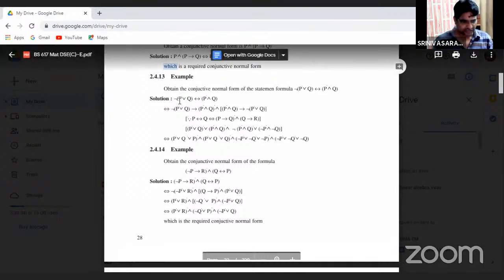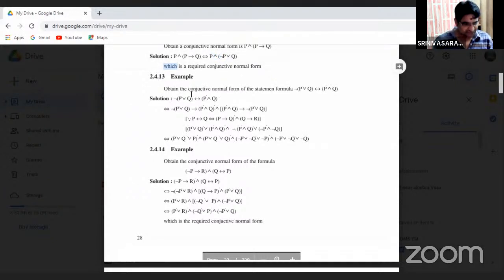First of all, we have to write this one first row. Negation of (P or Q) and implies. This expression can also be written as this type of implies. The expression is also mentioned in the above example.